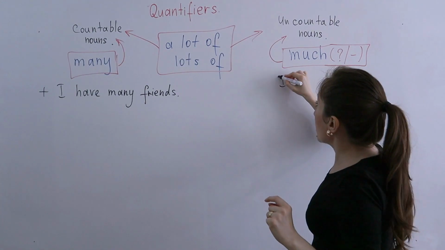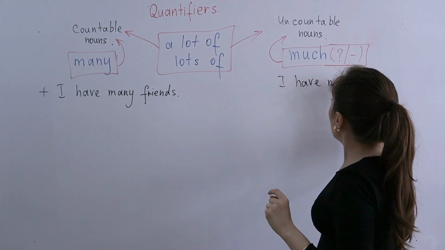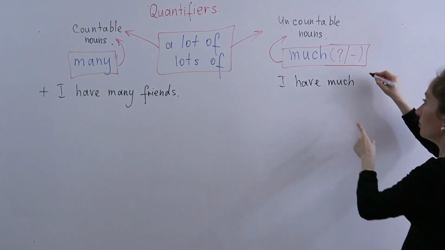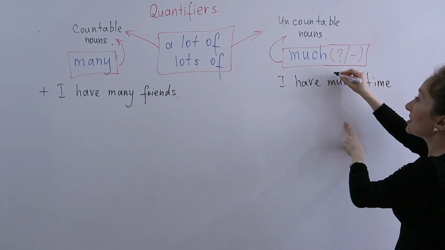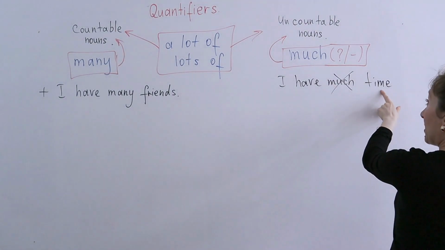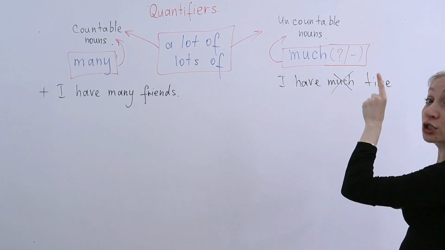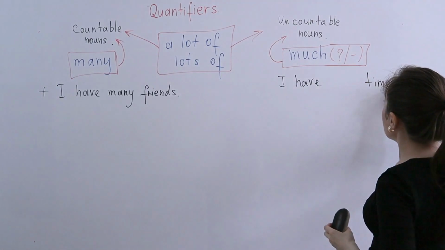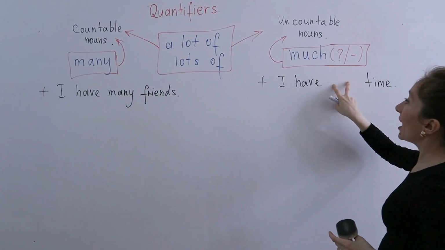So actually I have much time. Actually it's a mistake, right? I have much time is a mistake. Time is an uncountable noun. So that's why, because it's a positive sentence, we can't use much.